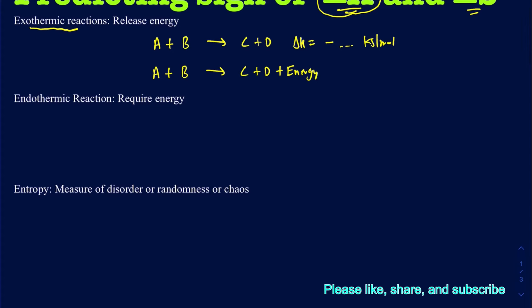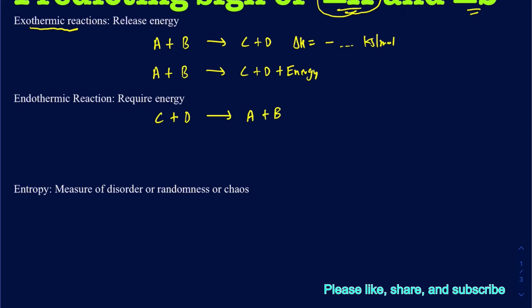Then you can also have an endothermic reaction where you actually are going to be requiring energy for those to take place. And let me take a simple example where I got C plus D going back to the A plus B. So now what I just really did is just wrote the top reaction, but just in the reverse direction. So remember, if your one-way reaction is exothermic, going other way is going to be the endothermic.